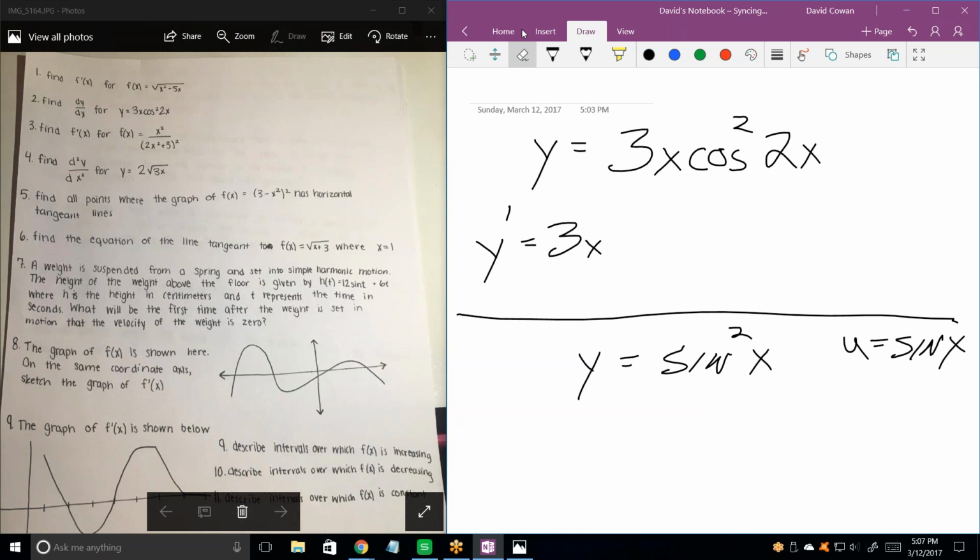Okay, change it slightly. Now what's the inside? Now it's sine. No. If you make u equal to sine x, there's no way to write this in terms of u.